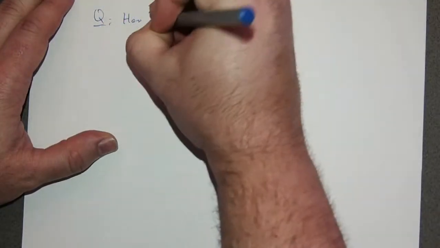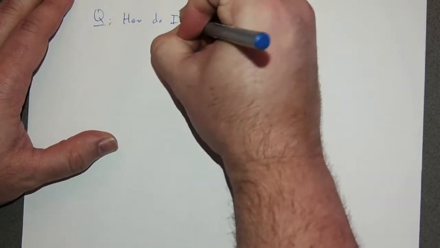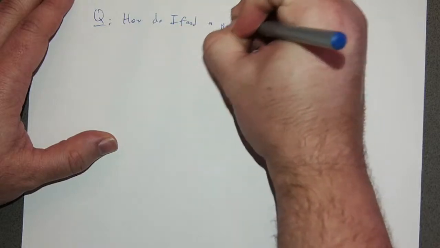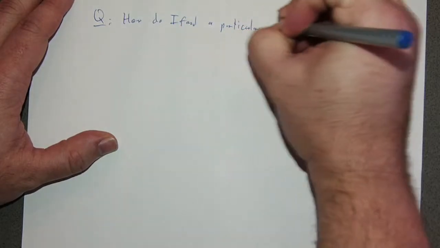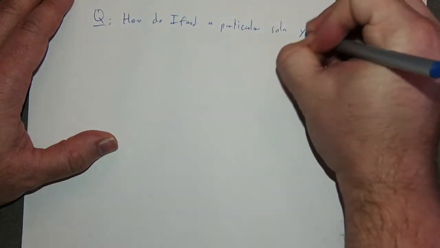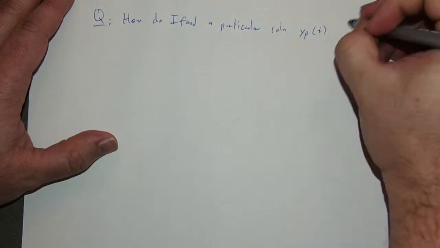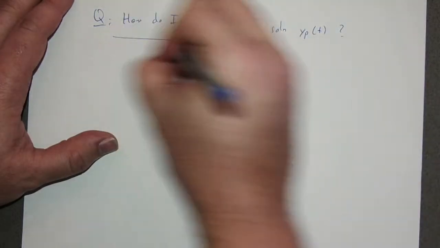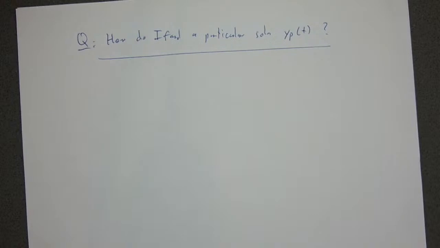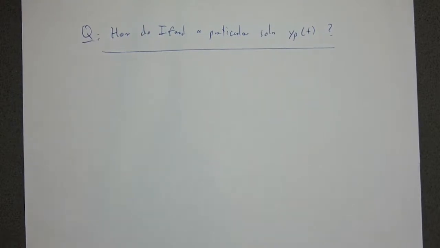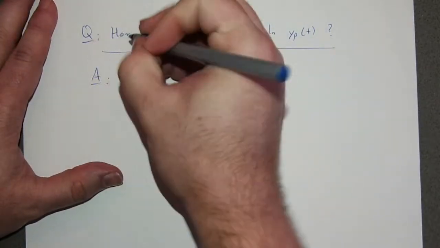And so there are going to be two main approaches to finding y sub p. So the question: how do I find a particular solution, y sub p of t? The answer is we have two main methods.